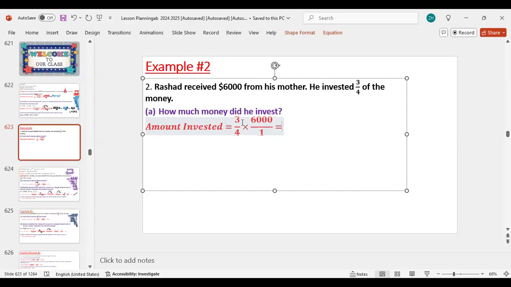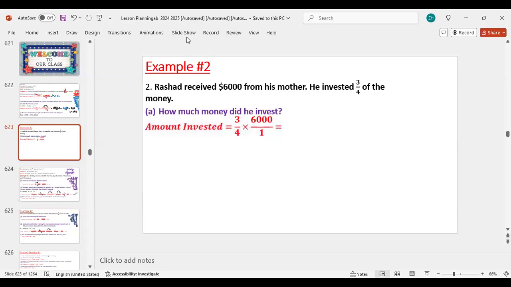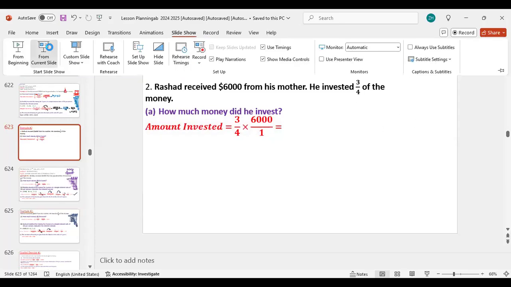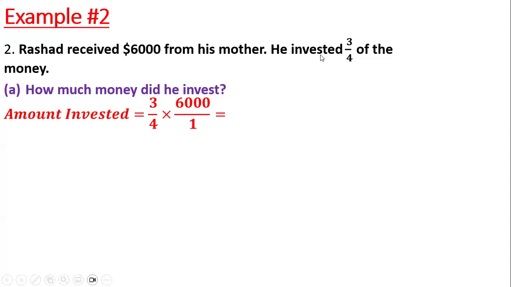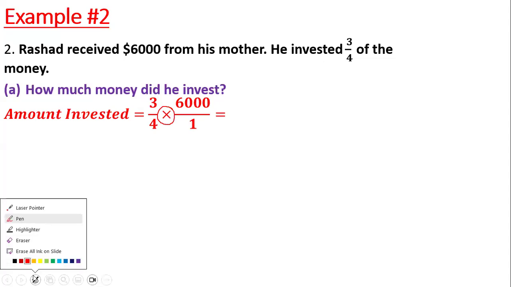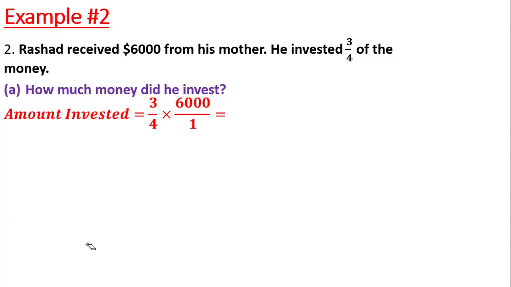All right, so we have 3 over 4 multiplied by 6,000. The first thing I will do is multiply, because remember it says of, and we know that of means multiply. So we're going to say 3 over 4 multiplied by 6,000 over 1.